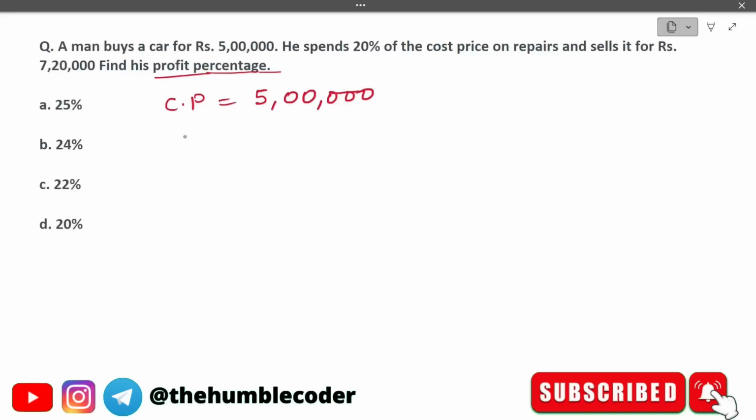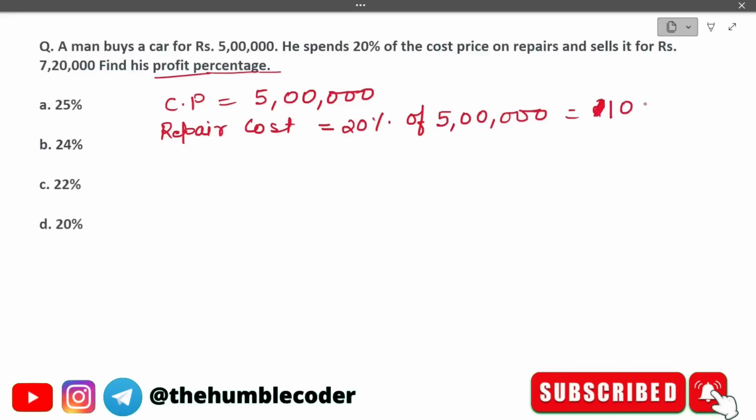Next thing is what? Repair cost. Okay, so repair cost which is told to us is how much? Okay, let me write. Repair cost is 20% of the cost price. So 20% of cost price is what? This 5 lakh only. Okay, so 20% of 5 lakh is how much? It is 1 lakh. Okay, you can calculate it. So I'm directly writing 20% of 5 lakh is 1 lakh.